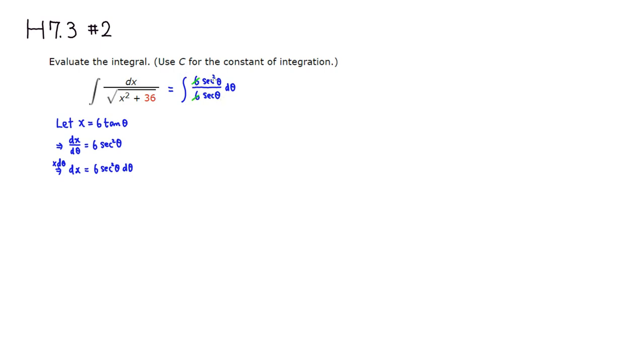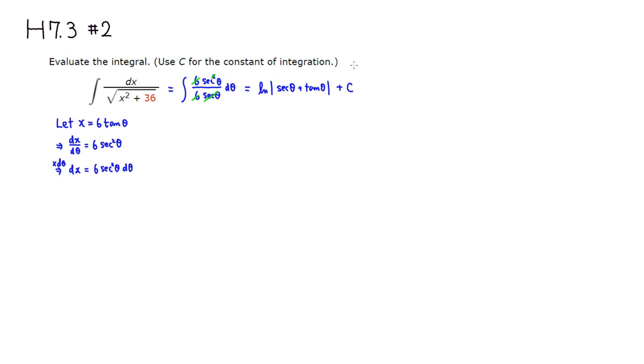Then you have secant squared over secant, so you can cancel one of the secants. So the antiderivative of secant of theta is, and remember this, the natural log of the absolute value of secant of theta plus tangent of theta. Since this is an indefinite integral, you have plus some constant C.